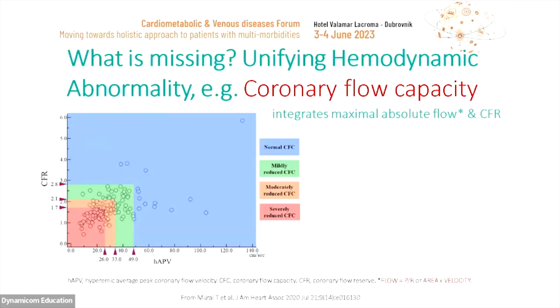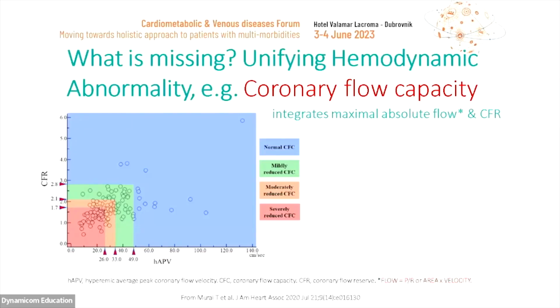We may be able to improve yet further in trying to introduce a unified hemodynamic abnormality that characterizes every patient: ANOCA, INOCA, resistance, flow reserve, etc. And that is coronary flow capacity, which is defined by Lance Gould, also in a seminal paper that goes back several decades, as maximal absolute flow in the myocardium plus coronary flow reserve capacity.